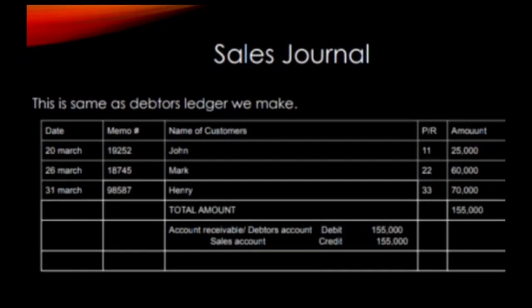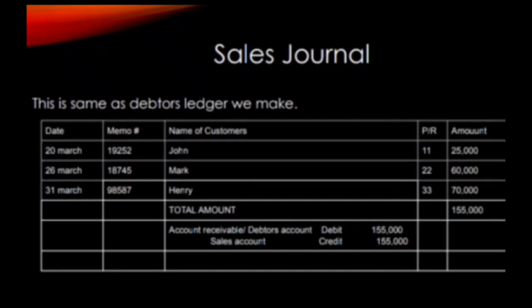Sales journal, in other words, we can say debtor's ledger, as prepared in the journal ledger. So how to prepare it? First you have to make the columns of date, memo number, name of the customer, and then amount. As you can see, on 20th March, Mr. John is sold goods of 25,000.